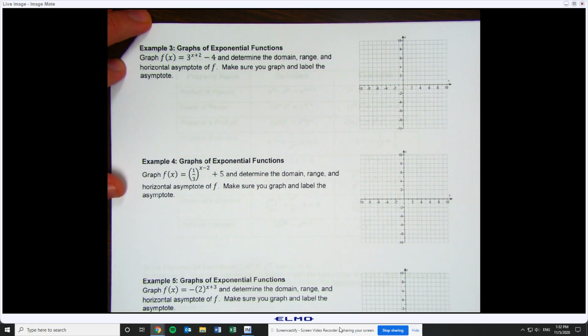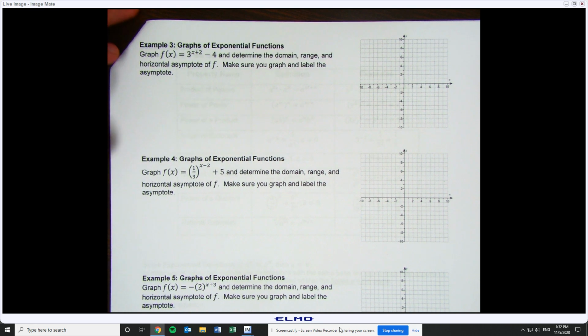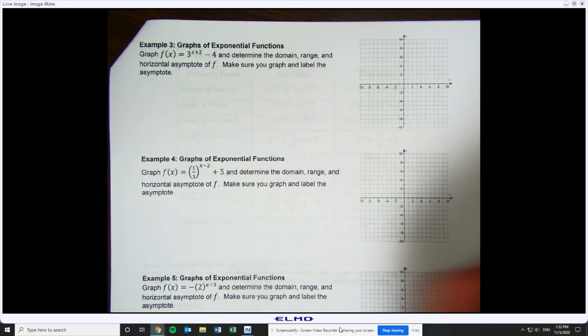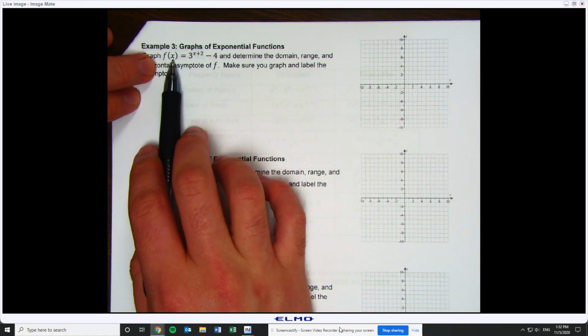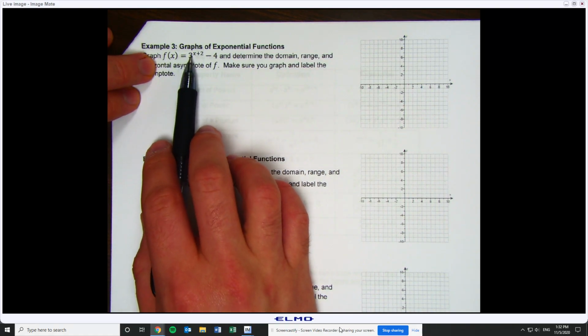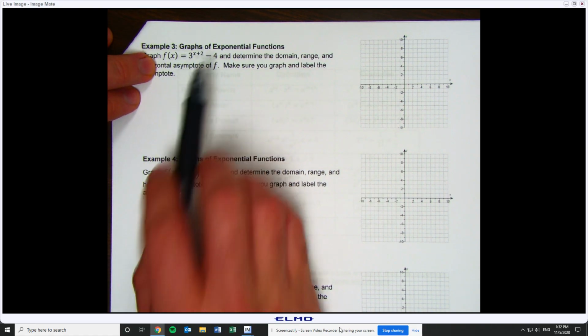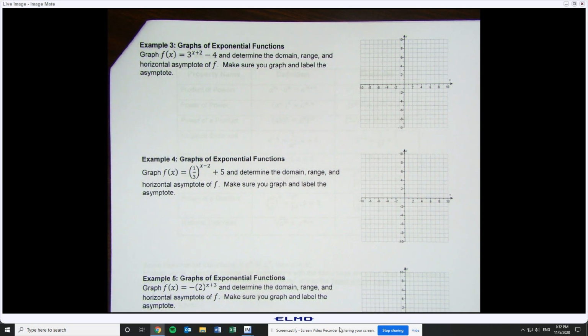Okay, these next three problems, I give you an exponential that I want you to graph, and we're going to use transformations and the points we know to do them. So looking at this very first one right here, I give you f of x equals 3 to the x plus 2 power minus 4.